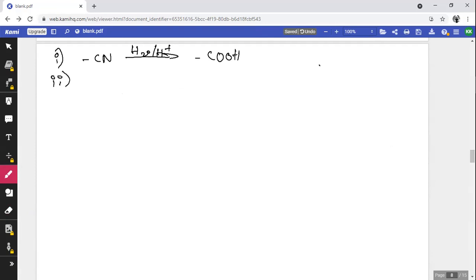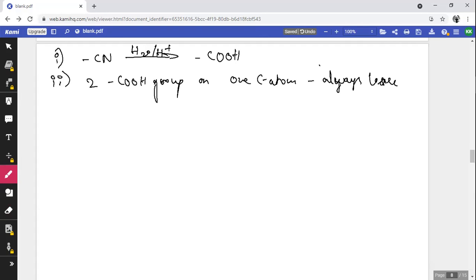And the second note point is, if two COOH groups are on one carbon atom, as we have discussed in the previous examples, it always loses CO2 on heating to form monocarboxylic acid.